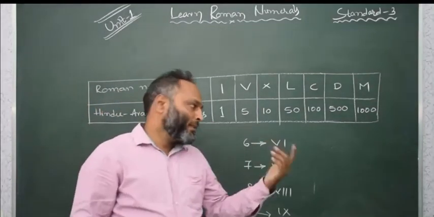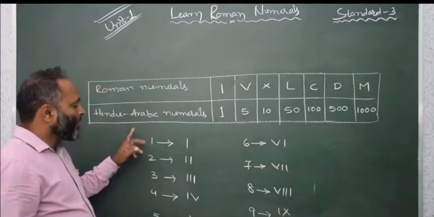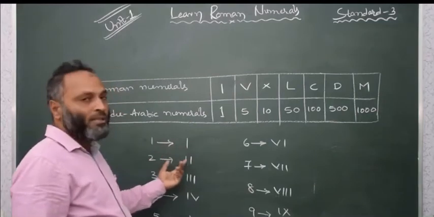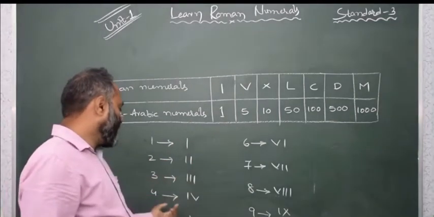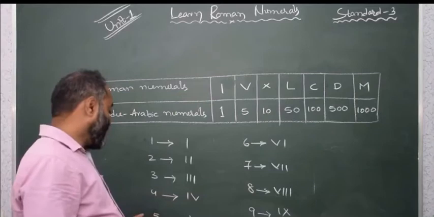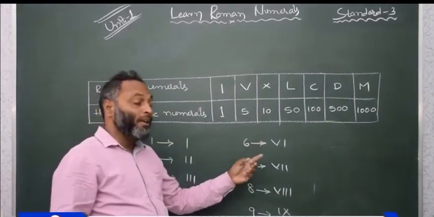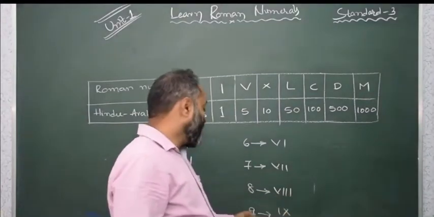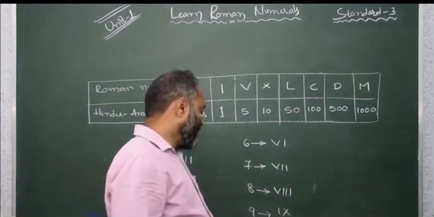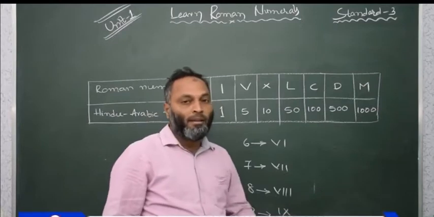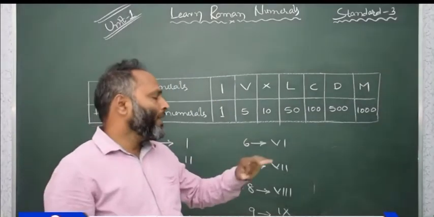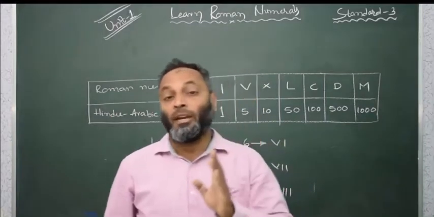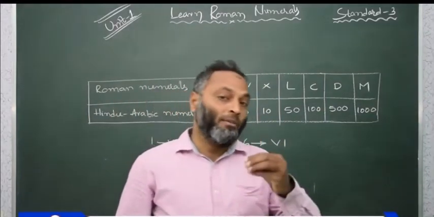Before that, you should know these representations from 1 to 10. 1 is I, 2 is II, 3 is III, 4 is IV, 5 is V, 6 is VI, 7 is VII, 8 is VIII, 9 is IX, and 10 is X. If any Roman numeral repeats twice, we have to add 2 times.